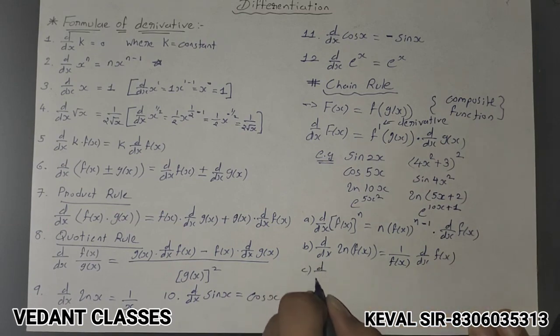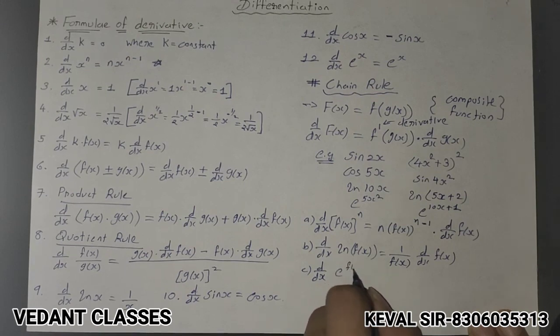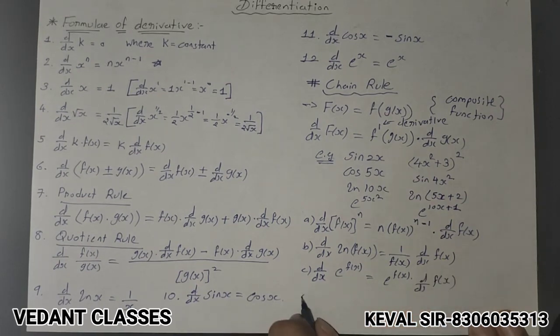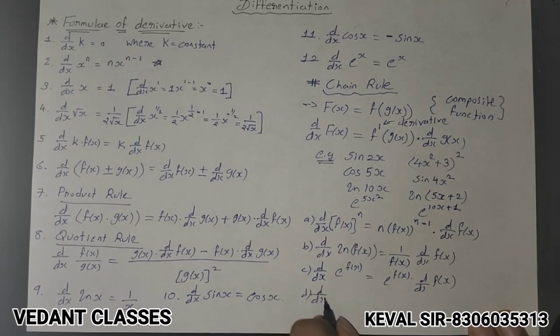Then d by dx of e raised to f of x will be e raised to f of x as it is, and then carry out the derivative of f of x. Then for d by dx of sin f of x, it will be cos f of x dot the derivative of f of x.